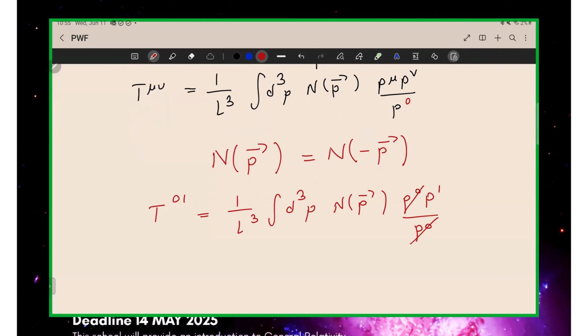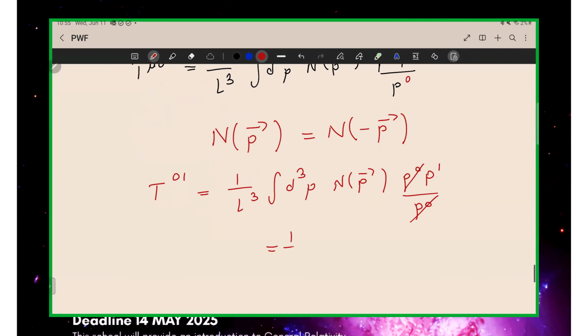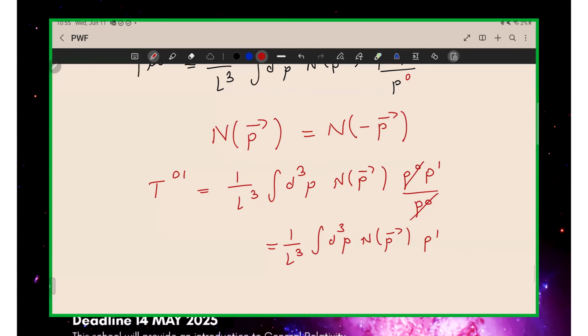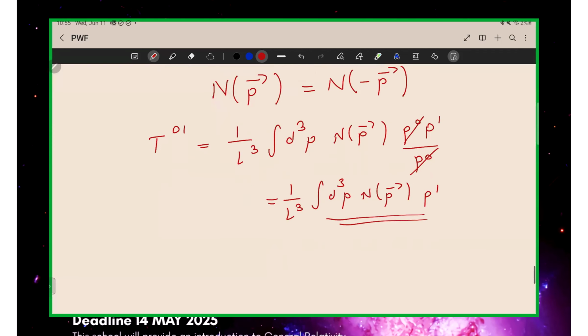You can see that this cancels, so you get 1 over L cubed times the integral of P^1. But you can see that this integral has to be 0.